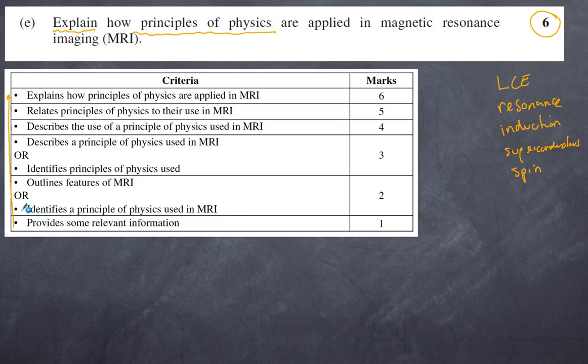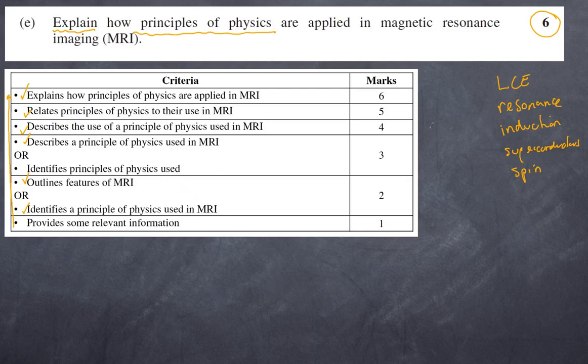But we go from provide some information, first to identify, then to outline, at least in terms of features of MRIs. Then we go into describe. Then we've got some relations of principles to the use of MRI, but the ultimate verb here is explain. Cause and effect. If your response doesn't do explain, you can see the best you're going to get is 5.